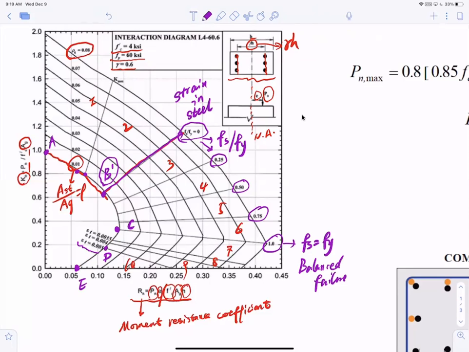It pretty much tells you already. So the power of this design or analysis diagram is that if you design a section and you provide reinforcement and geometry, you can use this non-dimensional diagram to construct your interaction diagram in terms of numerical numbers. Okay.